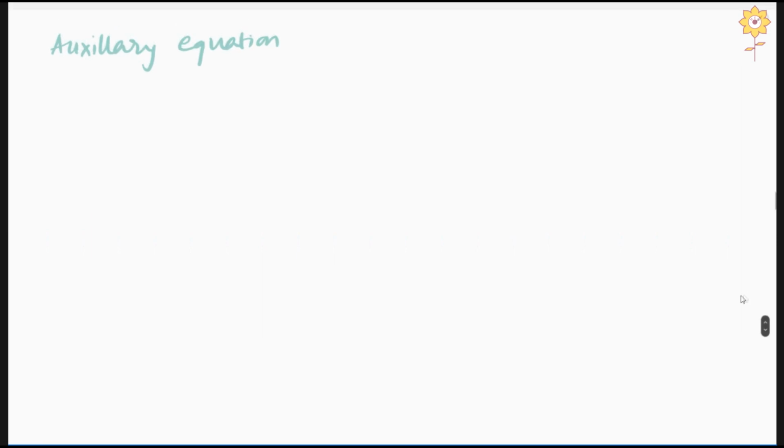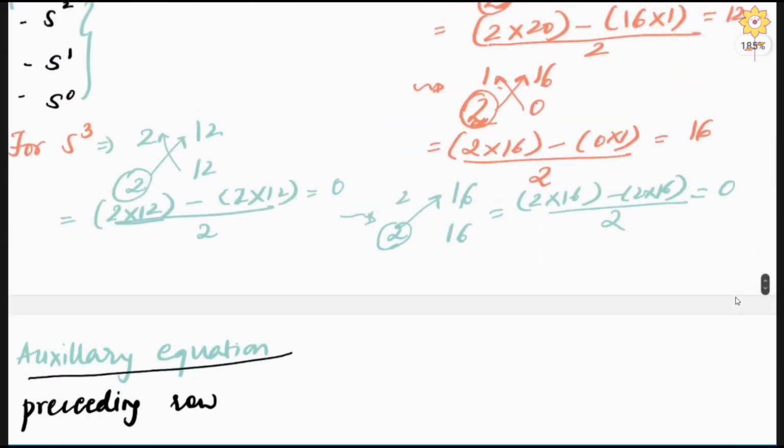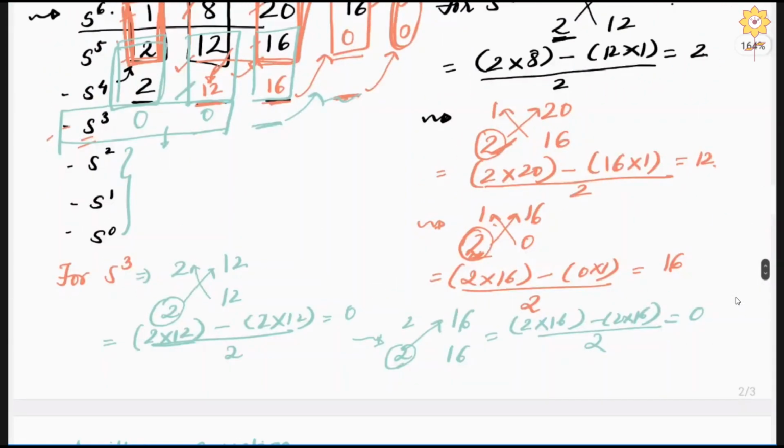To find the auxiliary equation, we will be using the preceding row. Now, what is the preceding row? The preceding row is the row just above the row for which we are calculating. So, we got a row of zeros for S raised to 3 as you saw, right. The preceding row for it is just above it, that is S raised to 4.